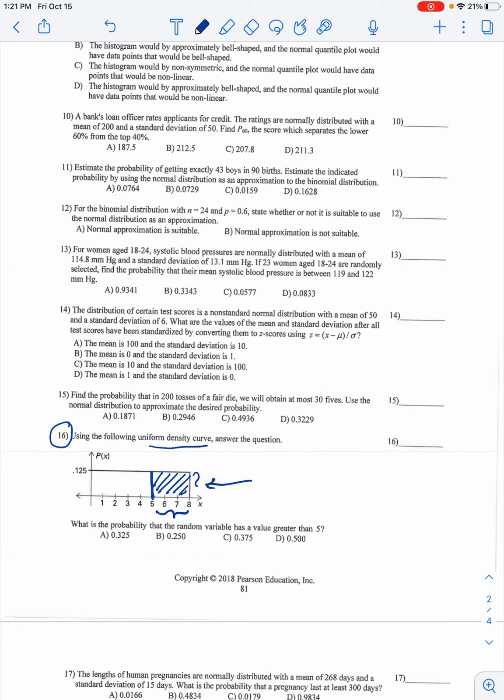So length times width is the area, which is the same thing as probability. So you have length, 1, 2, 3, times width, which is 0.125. You multiply that and it's 0.375. And that's C.